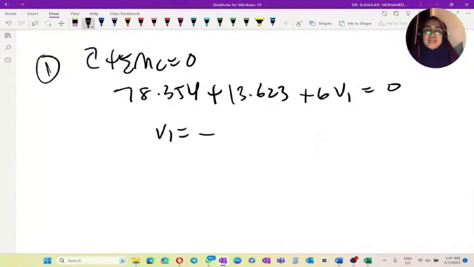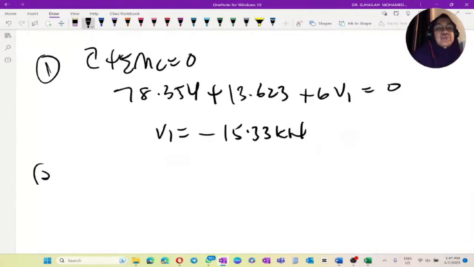V1 equals negative 78.354 plus 13.623, divided by 6, which is negative 15.33 kilonewton. Okay, that is number 1.